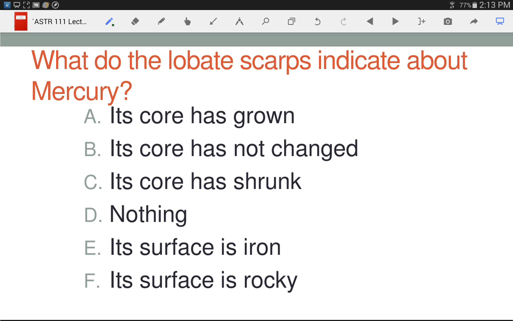Mercury's magnetic field. Okay, got to answer this first. What do the lobate scarps indicate about Mercury? I mean, that isn't wrong.